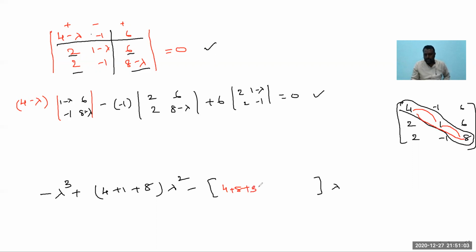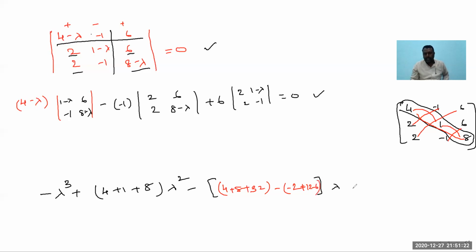Then the opposite diagonal products: 2 into minus 1 is minus 2, 2 into 6 is 12, and minus 1 into 6 is minus 6.